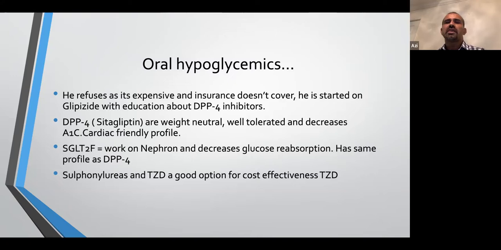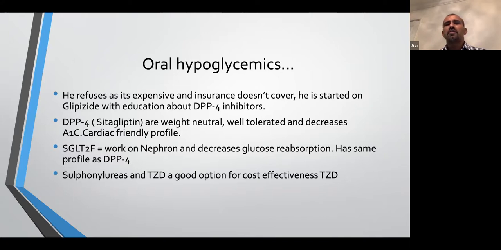So he chose glipizide, and the patient asked questions about DPP-4. Sitagliptin, a DPP-4 inhibitor, is a weight neutral drug as well. The DPP-4 is actually well tolerated and decreases A1C as well.